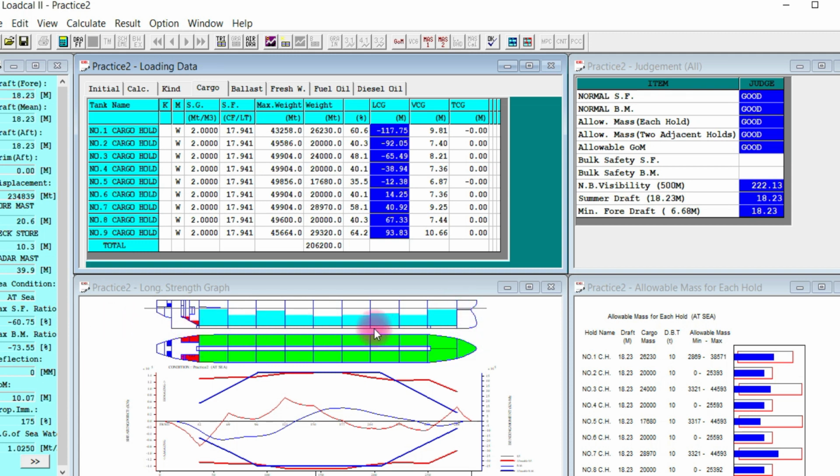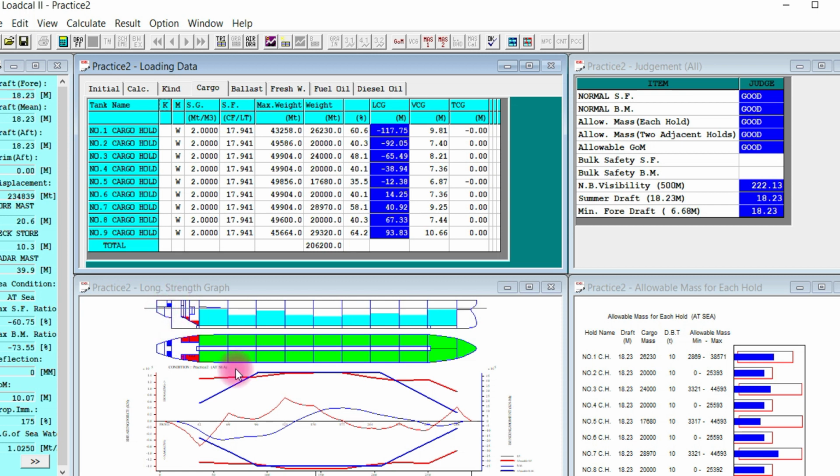So to maintain this upright position, you will have to load at the after peak 500 metric tons. So when arriving in Gwangyang, when you put at the after peak 500 metric tons, you will maintain this upright position. So that is the reason why we have to load 500 metric tons.